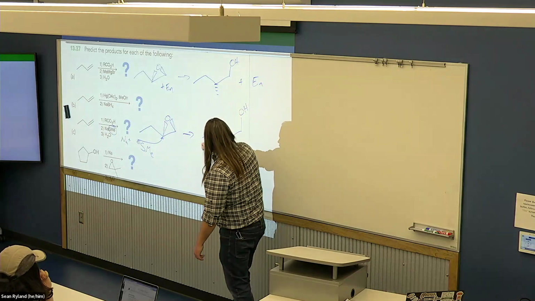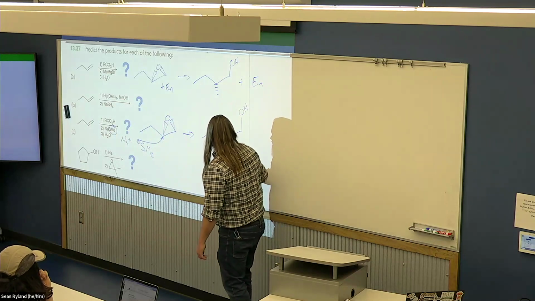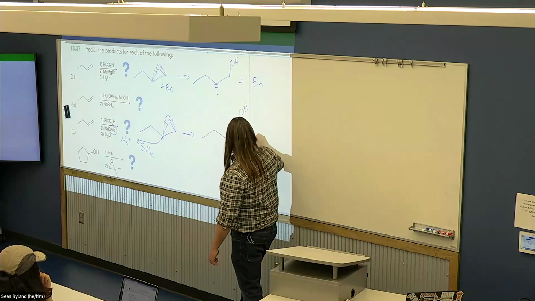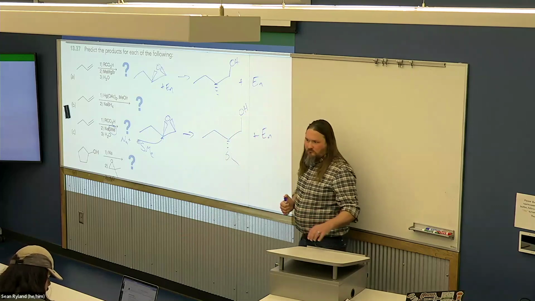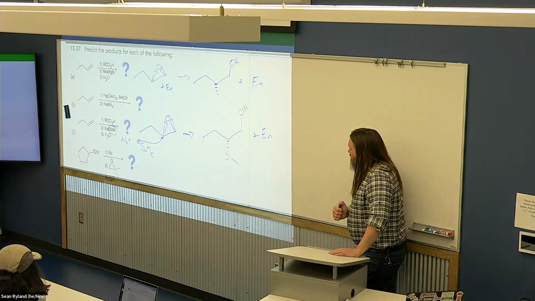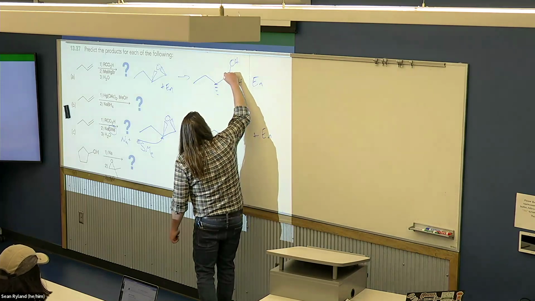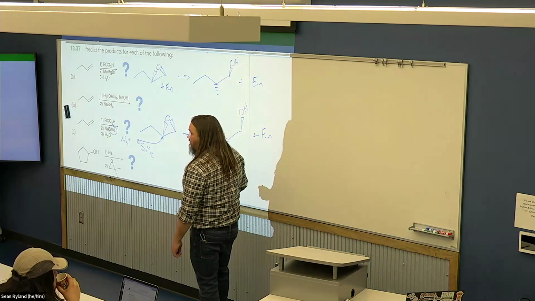Yeah. So again, the way we drew it, from this intermediate, we would get this, and then we would also get the enantiomer. So in this, it doesn't really matter because it's not a stereocenter, if we're being careful showing.